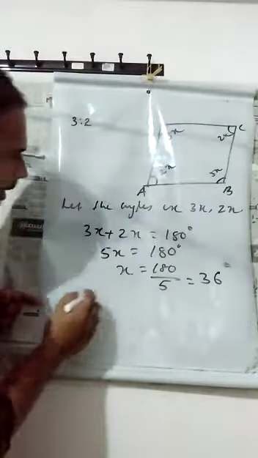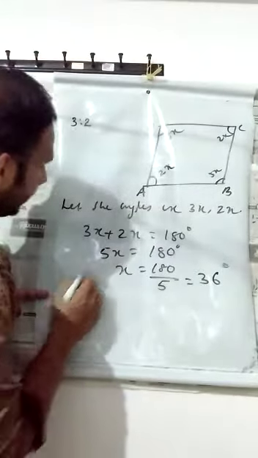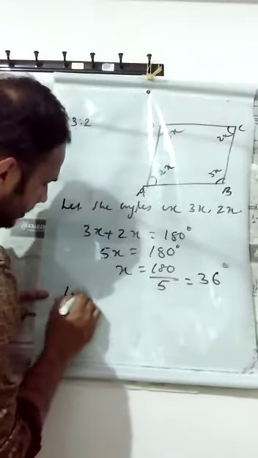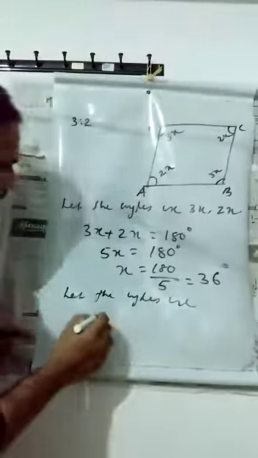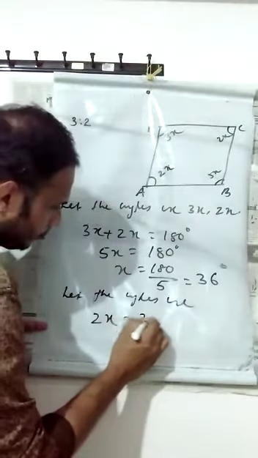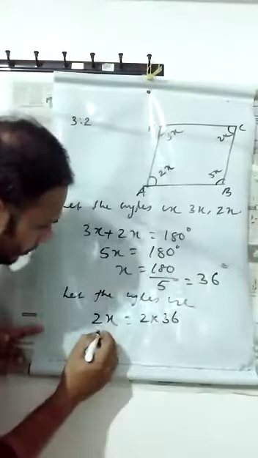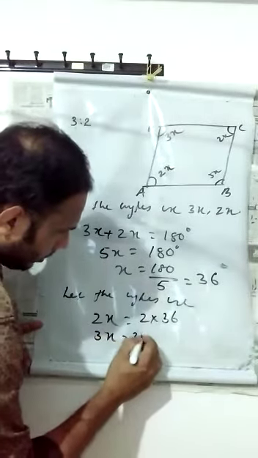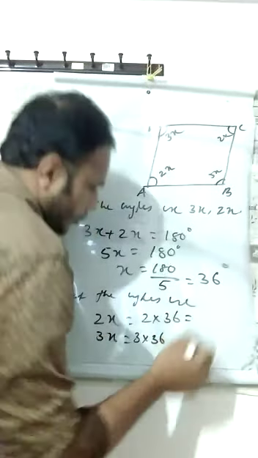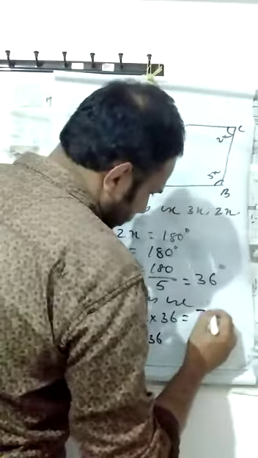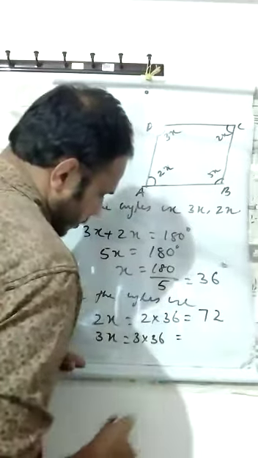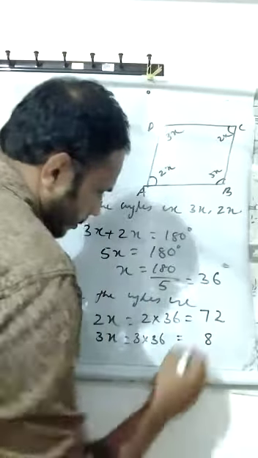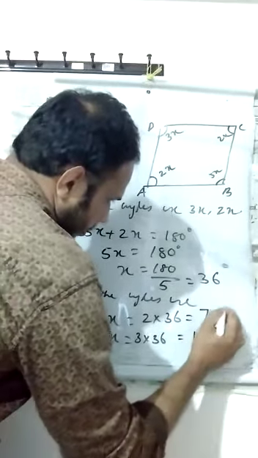So the angles are 2x, which is 2 into 36, equals 72, and 3x, which is 3 into 36, equals 108.